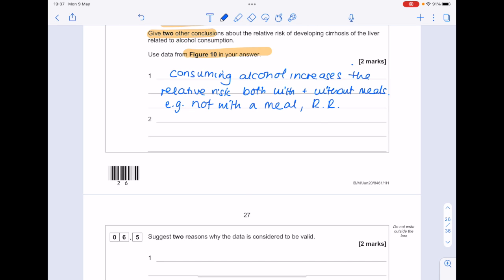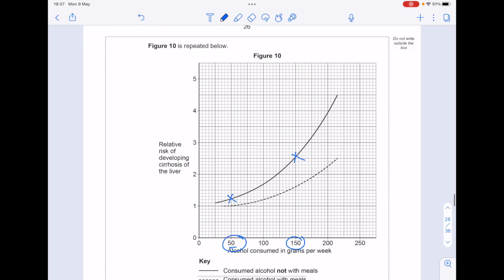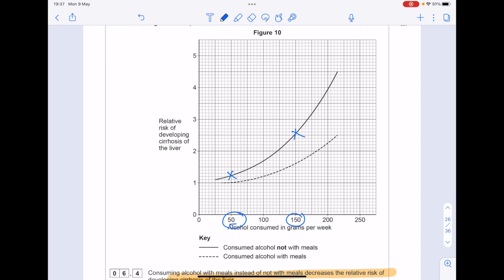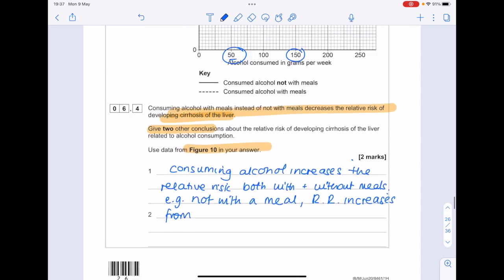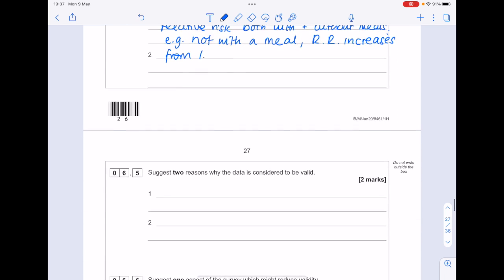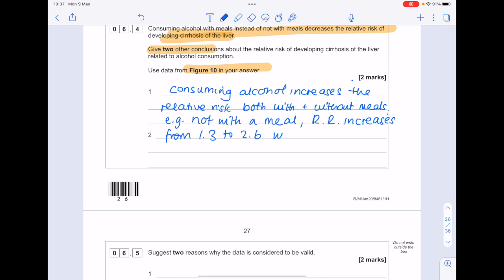So not with a meal, relative risk increases from 1.3 to 2.6 with increased alcohol consumption. I'm really running out of space here. Don't know how on earth they think I'm going to quote data in such a small space.